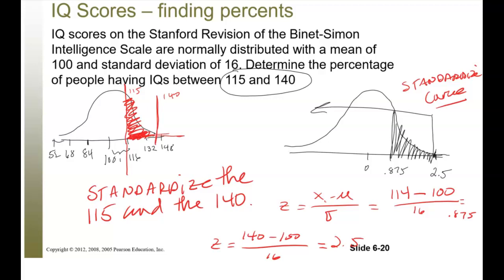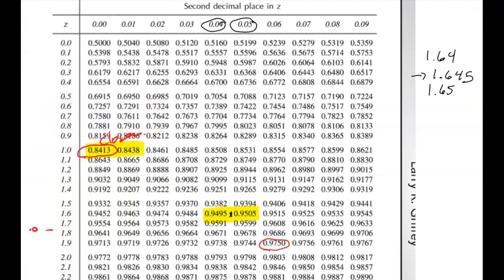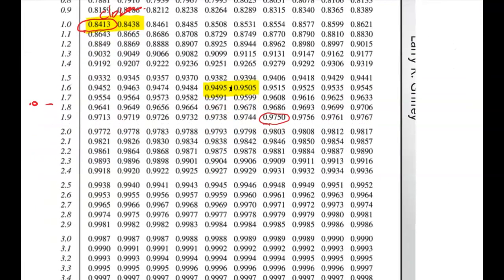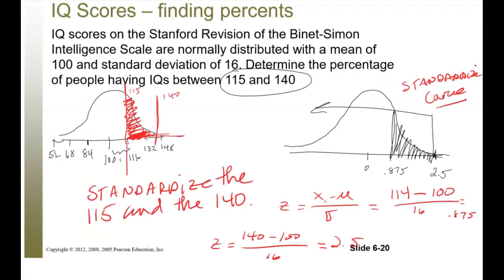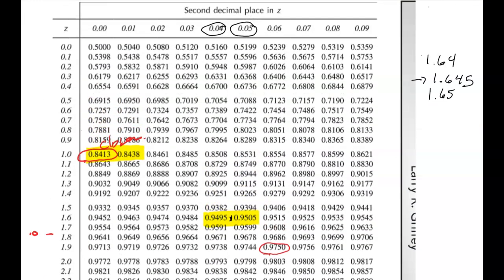Okay, go to my table. 2.5 is down here. 2.50 is 0.9938. Now I need the area to the left of 0.875.